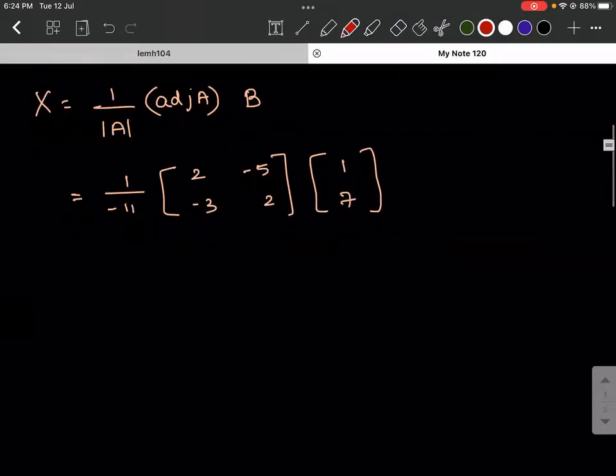Did anyone get the answer? Is it satisfying the equation? Did you check it? I leave minus 1 by 11 as it is. So I multiply this: 2 minus 35, is it right?